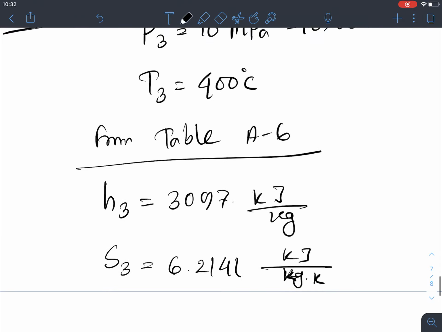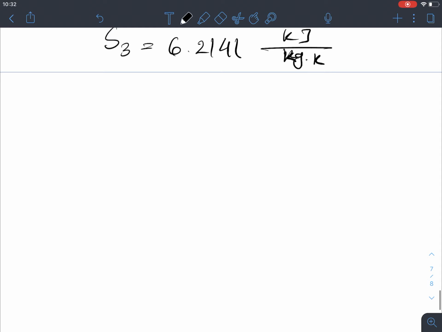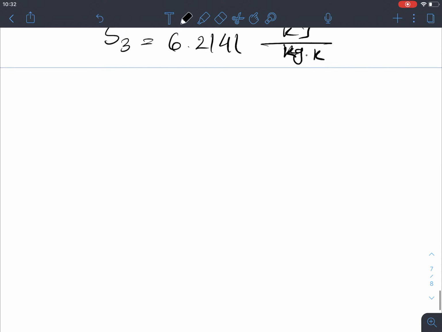Okay, so we have this information for state 3.